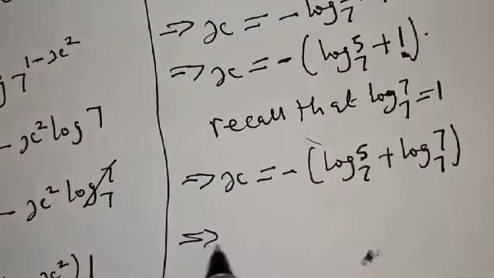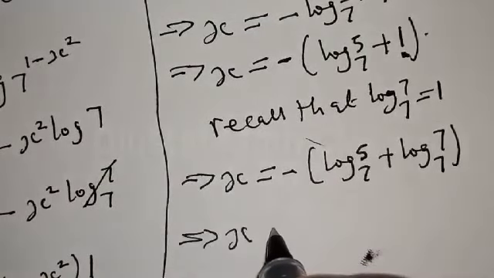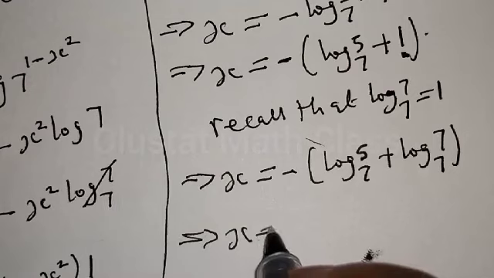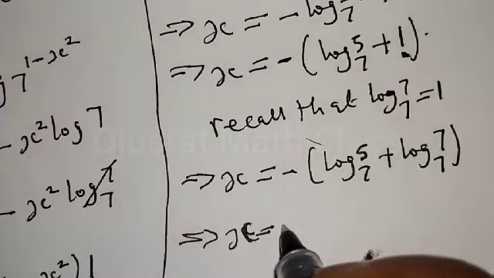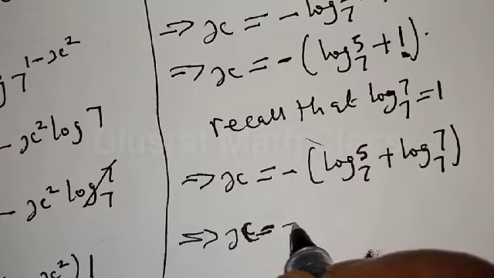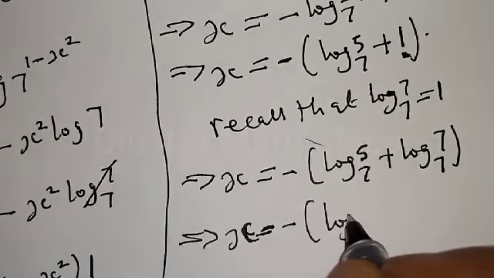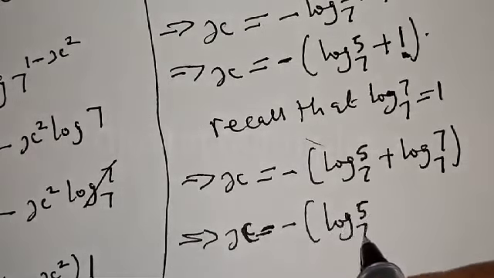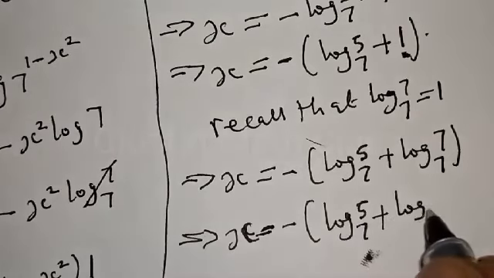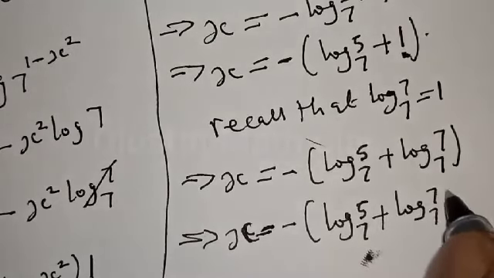This implies that we have x is equal to minus into log 5 base 7 plus log 7 base 7.